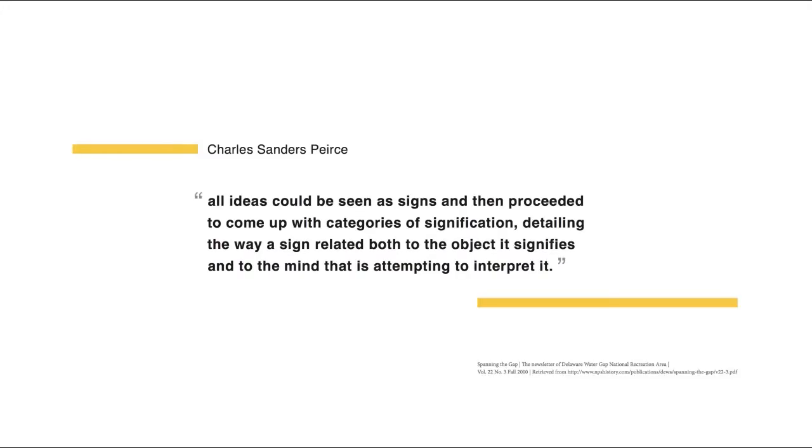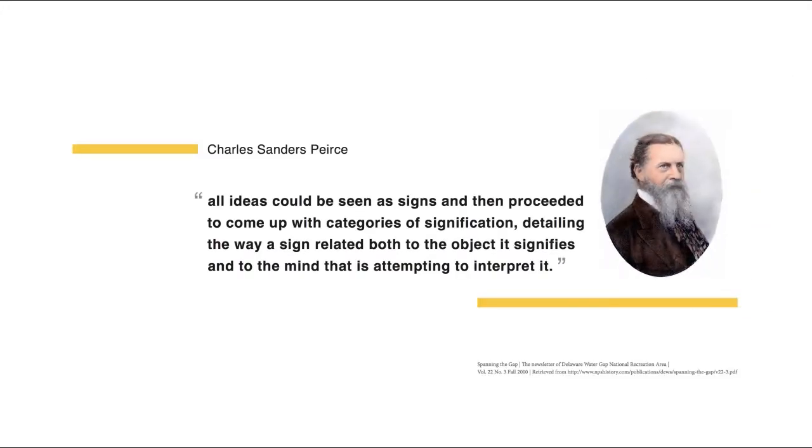But how does this story of an arrow tie back to semiotics? In order to understand that, we need to first find out who Charles Sanders Peirce was. He is an American who defined semiotics as the formal study of signs.